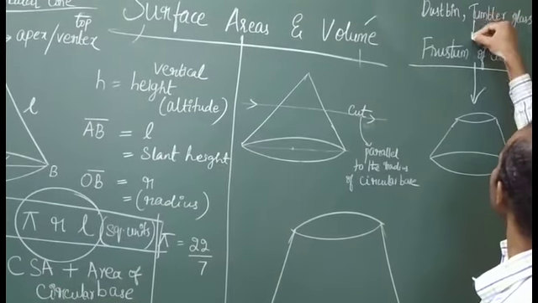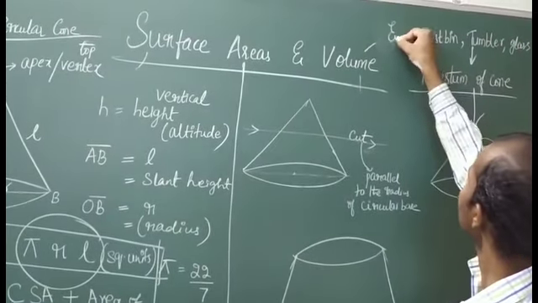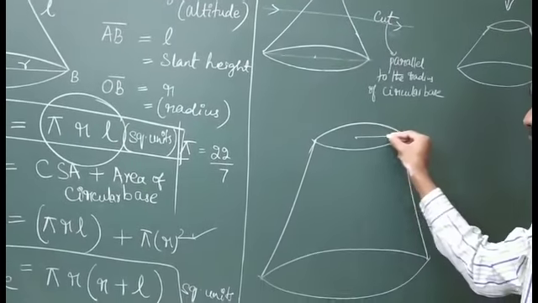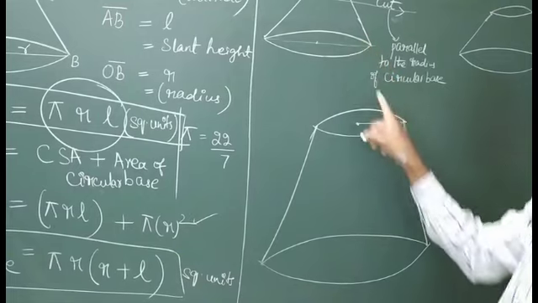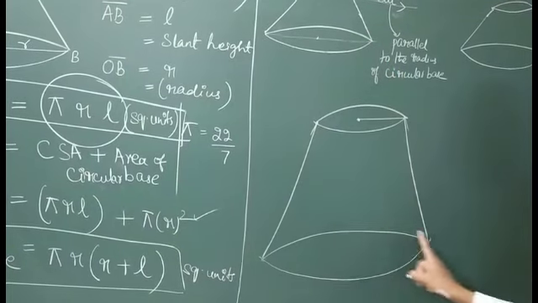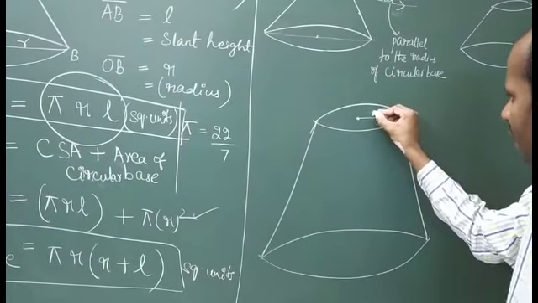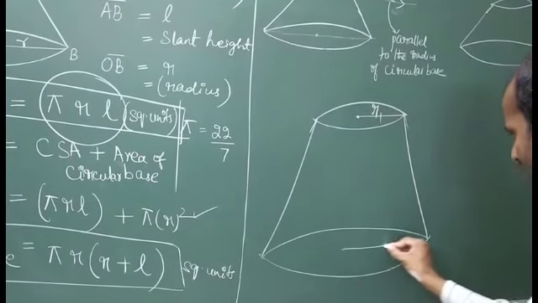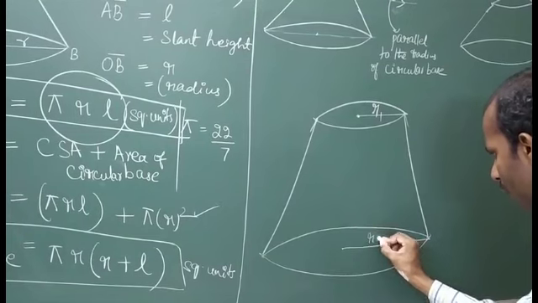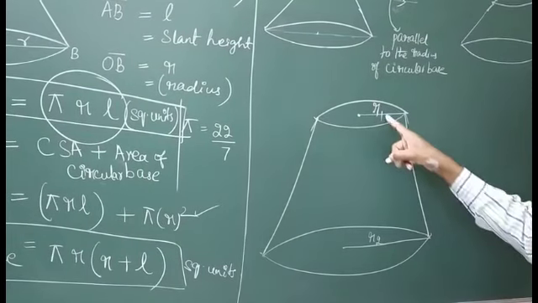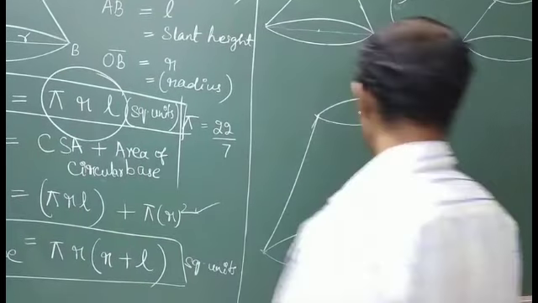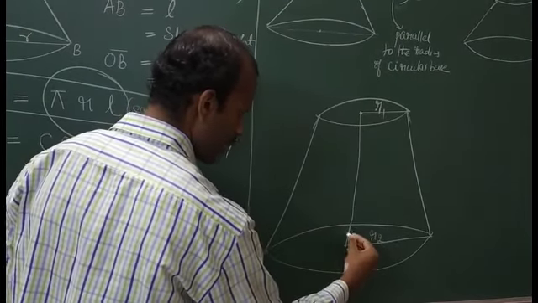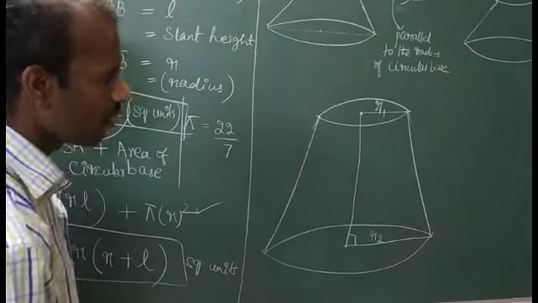So all these are examples for frustum of the cone. So here we have, so let me write, this is again circular top, this is my circular base here. If I can write this R as R1, and if I can write this as R2. Since we have two radius here, and if I can join this center of that part, so again here we have this right angle here, followed it.